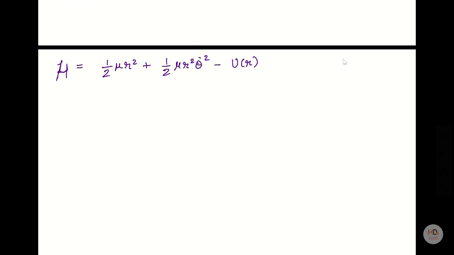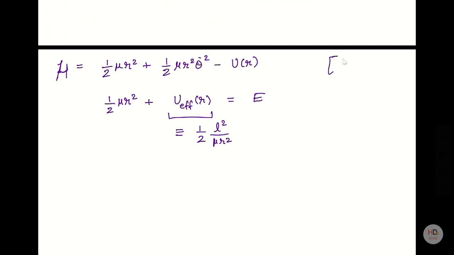And we can write this as half mu r dot square plus some u effective of r, which is just your energy, the sum of these two. So half, we can write L square by mu r square, because your L is mu r square theta dot, which is constant, and plus u of r.